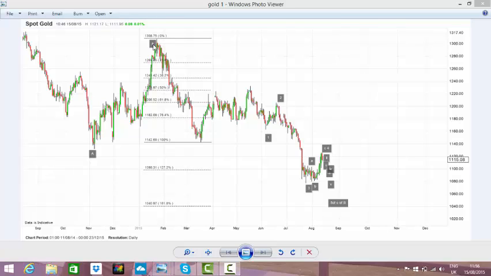We're at the end of a B wave decline, which is traced out three waves, A, B, and C. This B wave decline, once finished, should bring in a C wave rally, which should end above this 1308 top here.